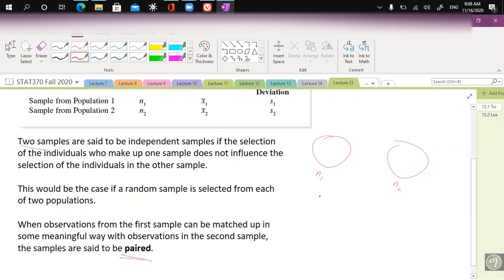But that's not the only way to see if samples are paired or not. For example, if you want to study the effectiveness of a new way of teaching, you could select a group of students, give them a test prior to the new way of teaching, and record their results.